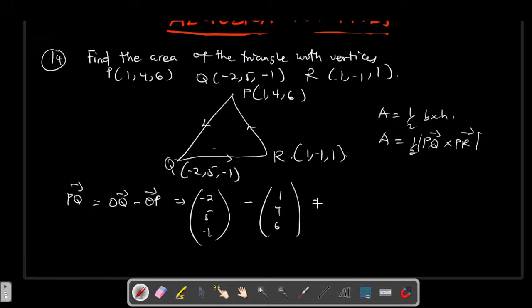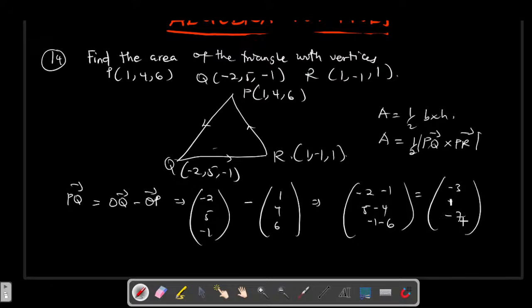This gives us -2 minus 1, 5 minus 4, -1 minus 6, which is also equal to (-3, 1, -7). So vector PQ is simply equal to (-3, 1, -7). Okay, it should be this.